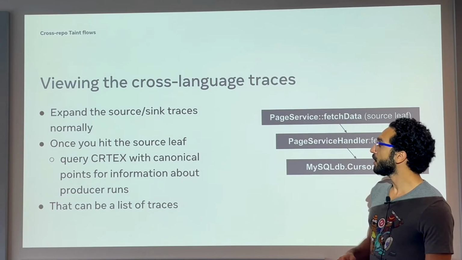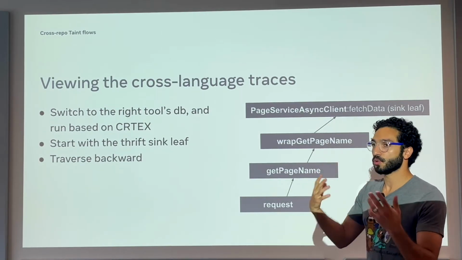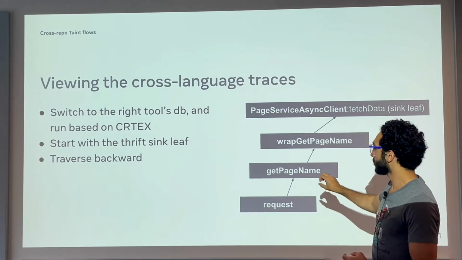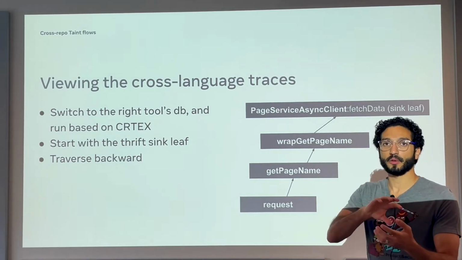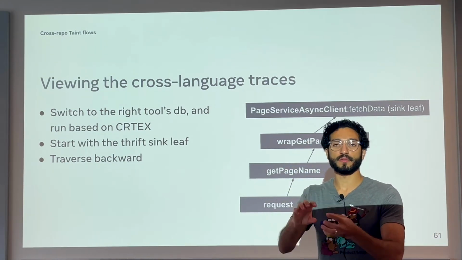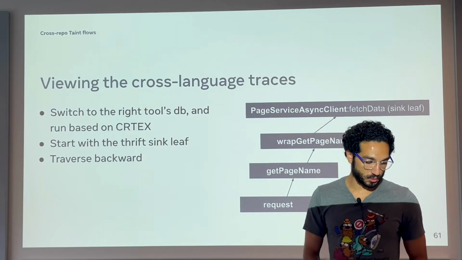And then you go into the database from crtech, switch to the right DB, switch to the right tool, take that information, and then you expand the trace normally backward until you hit the source leaf. And this is how you get from the user input to the thrift call, and then from the thrift implementation to the actual sink, your SQL sink.